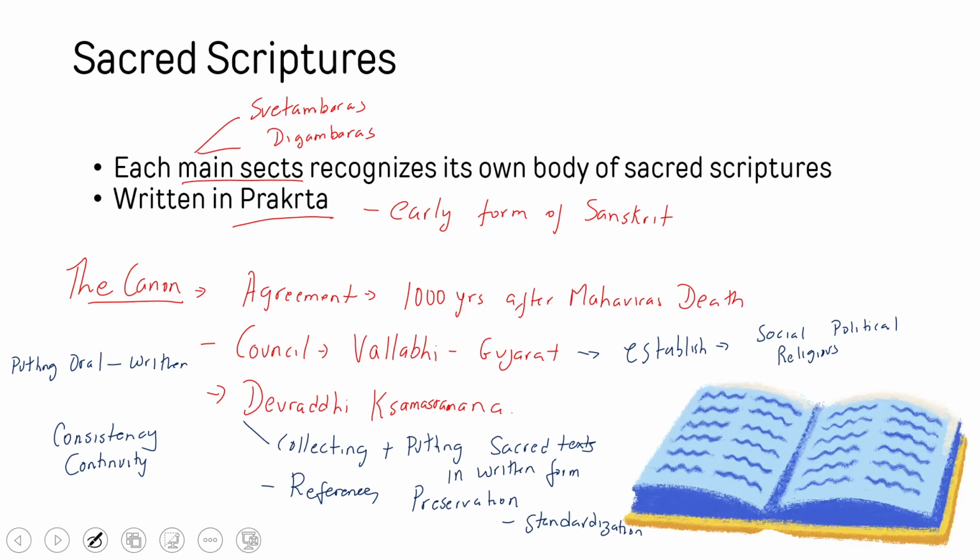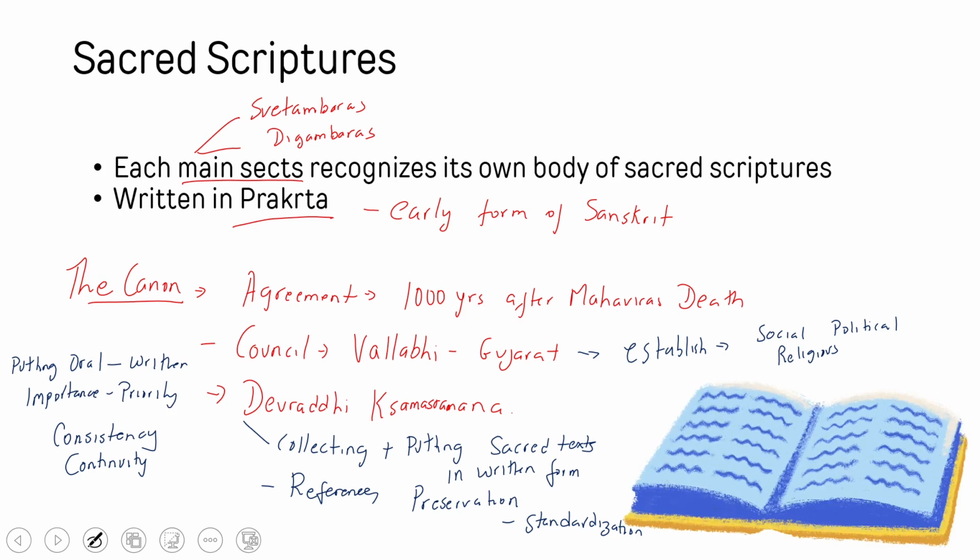And this process could have introduced certain changes or certain biases because of the interpretations or decisions of the monks that were involved. Therefore, this preservation of certain texts over the others reflects the importance or the priority.